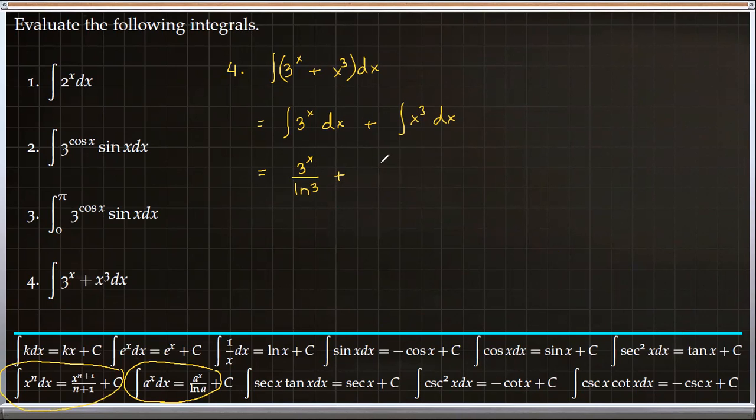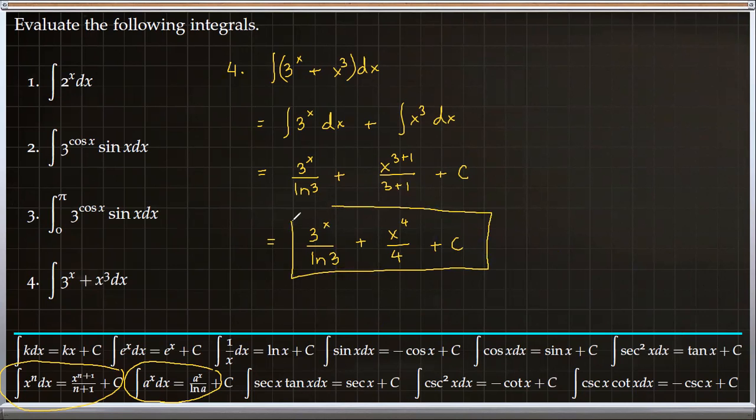So we will apply that formula, x to 3 plus 1 over 3 plus 1, plus constant. So I'm going to go one step further, simplifying the second part. We have 3 to x over natural log of 3 plus x to 4 over 4 plus constant. So this is the antiderivative of 3 to x plus x cubed.